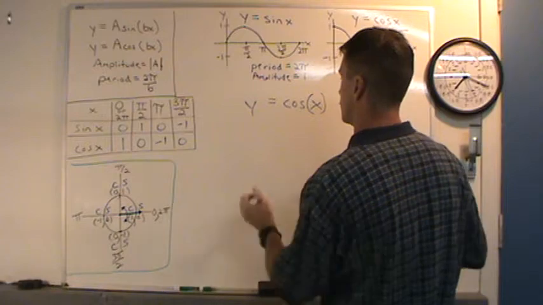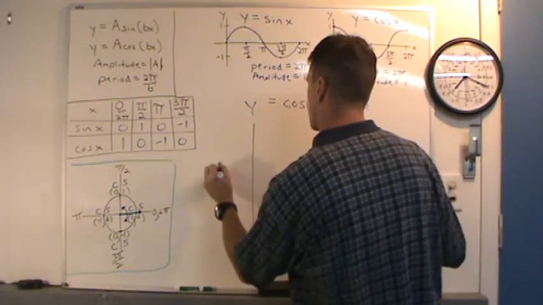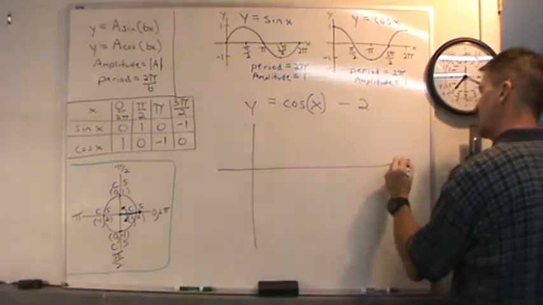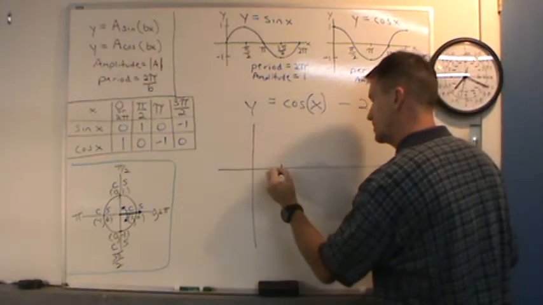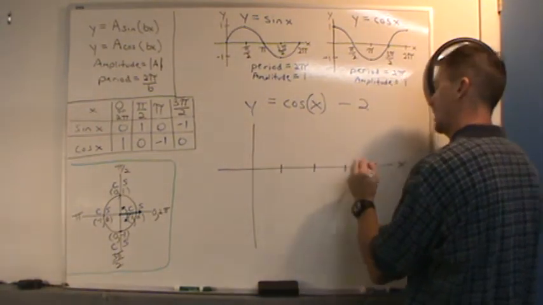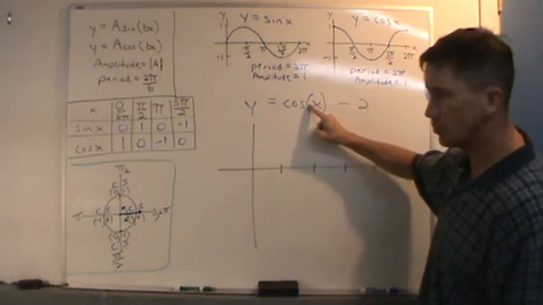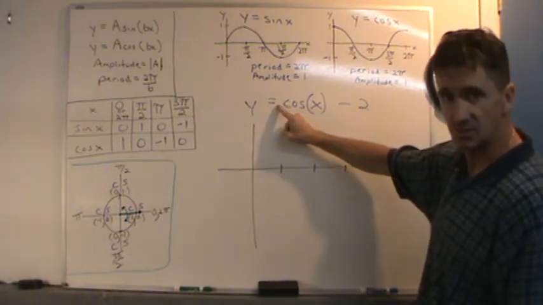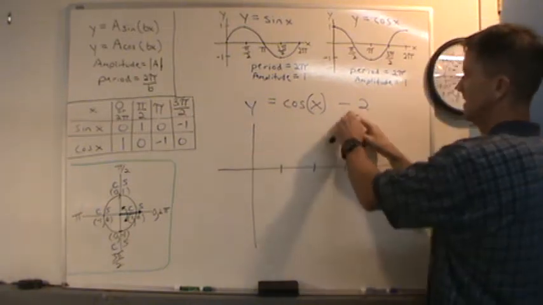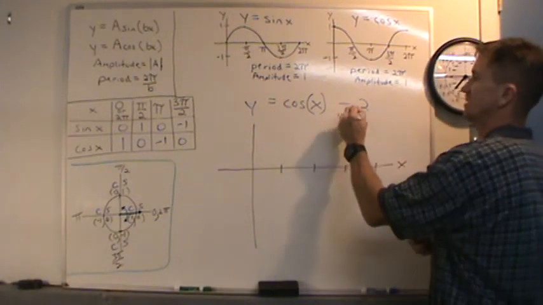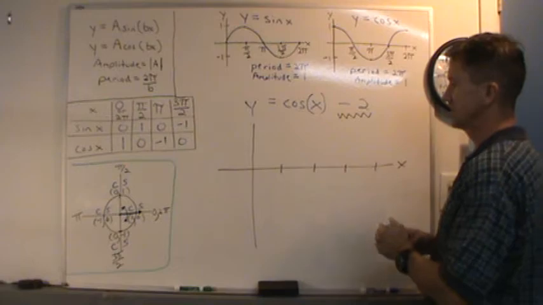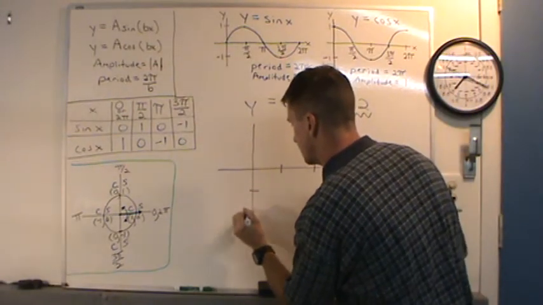So to start with, what we'll do is, here's the x-axis with our 4 tick marks. Notice the period is still going to be 2 pi over 1, which is 2 pi. Notice the amplitude is going to still be 1, but this is where the graph shifted. So what we're going to do is, let's go down to -2.